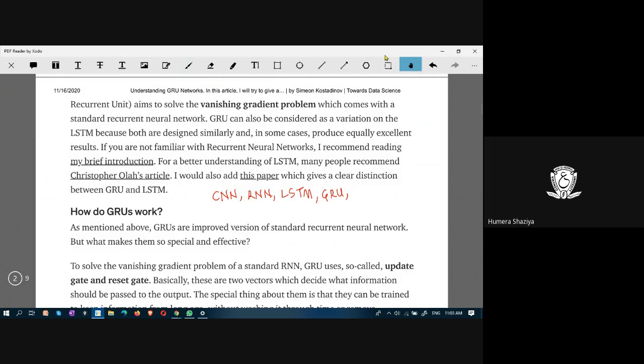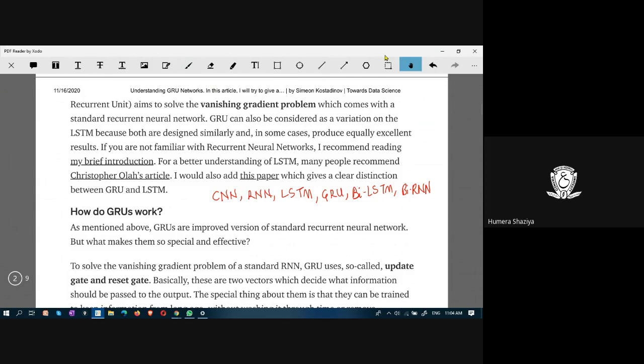In the upcoming session, we will look at Bi-LSTM, meaning bi-directional LSTM, and bi-directional RNN. These are the architectures of deep learning, various types of architectures.